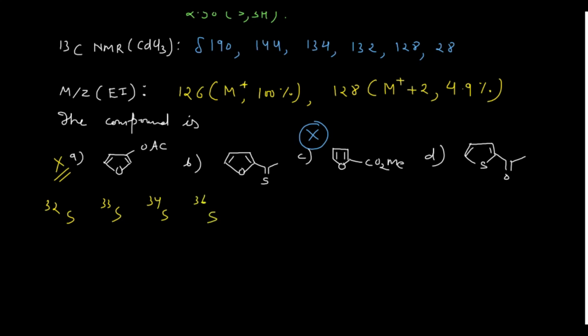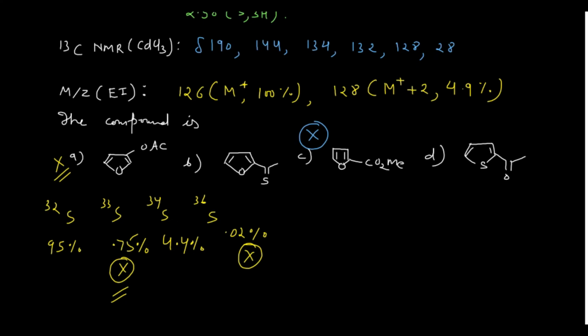If you take the isotopic abundance, sulfur-32 is very rich, 95%. Sulfur-33 is present in quite a small amount, 0.75%, so it will not affect your mass spectrum drastically. Then sulfur-34 has 4.4%. And sulfur-36 is 0.02%, which is again very low, so you can strike out this one.